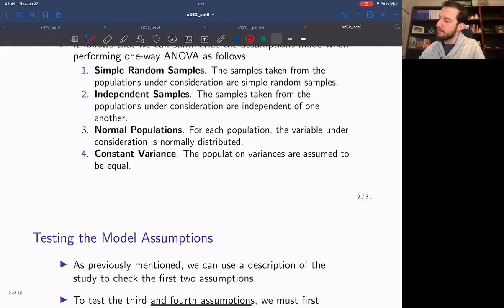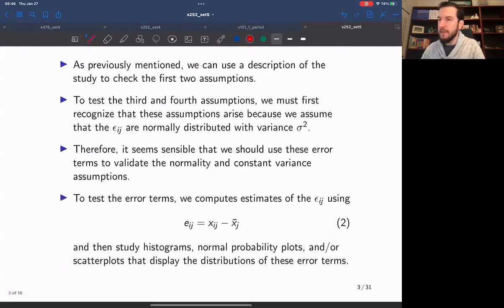So the idea is, if we compute eij, which would be an estimate of the epsilon ij, these eij should have a normal distribution with mean 0 and variance sigma squared. So we can directly compute these eij values from our data, and then we can build normal probability plots of the eij, or build histograms of the eij, and they should be normally distributed.